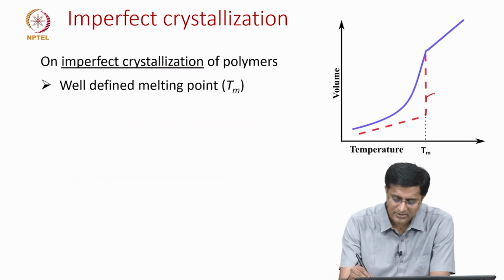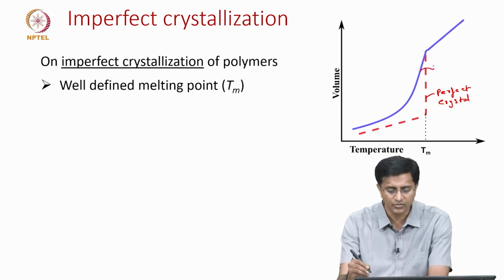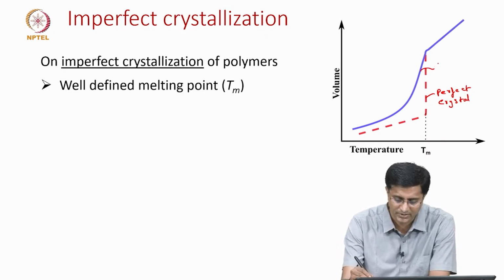This red line is the previous one we have seen, perfect crystallization, and this blue line is the one we will be discussing now, which is for imperfect crystallization.